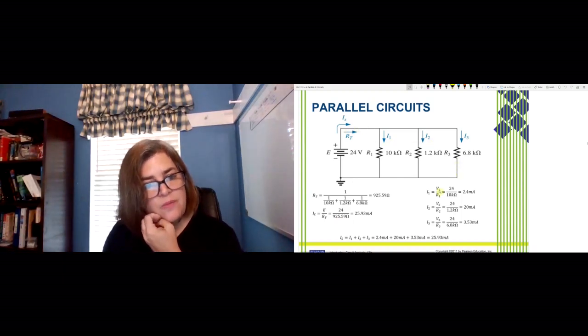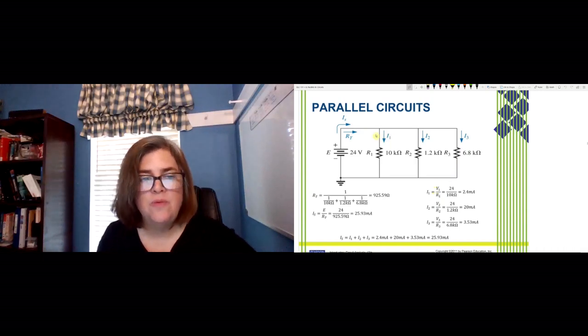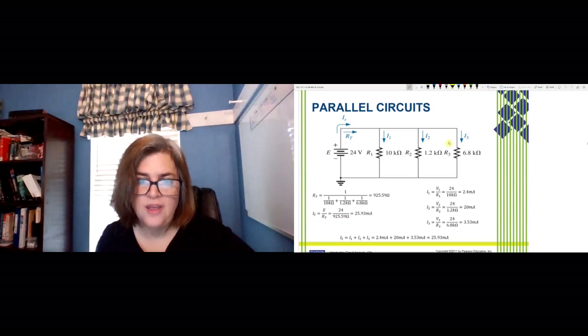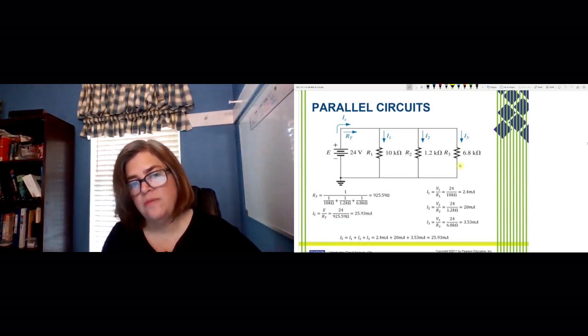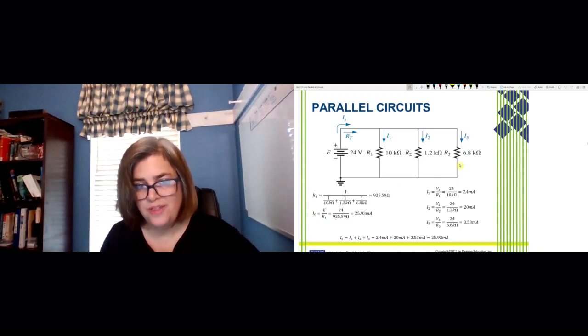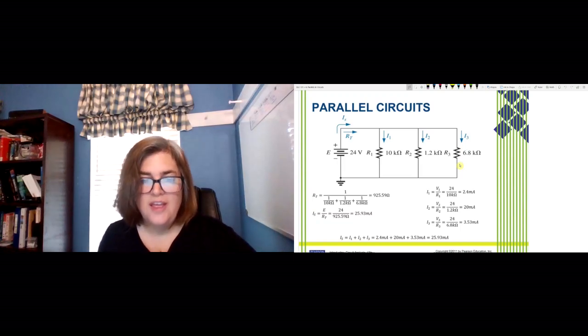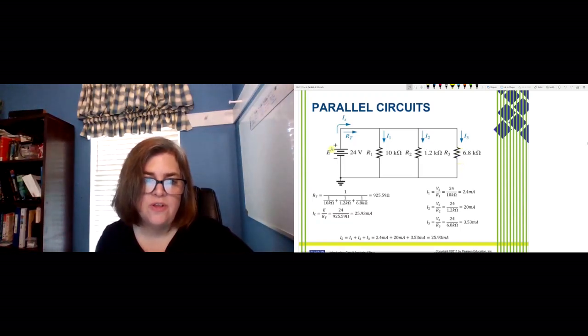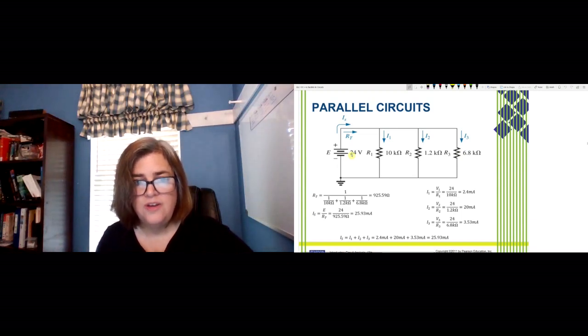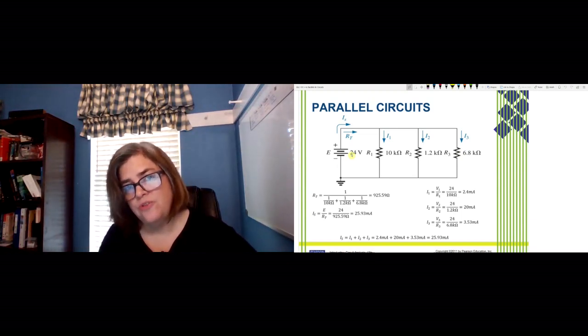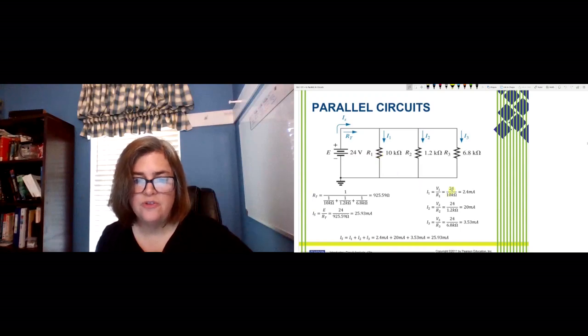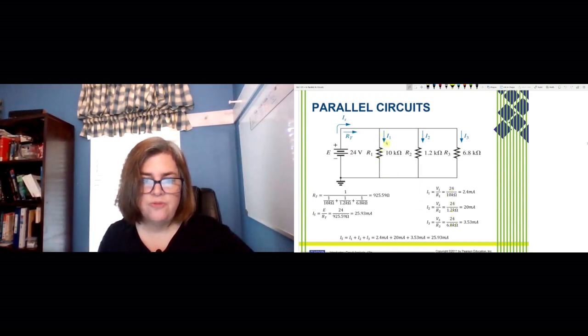And then with I1, that would be V1 over 10K, I2 would be V2 over 1.2K, and I3 is V3 over the 6.8K. V1, V2, and V3 are all equal to our voltage source because they're in parallel with the voltage source. And we see the same voltage throughout the parallel branches there. So 24 divided by each of those resistors tells me I've got 2.4 milliamps here, 20 milliamps here.